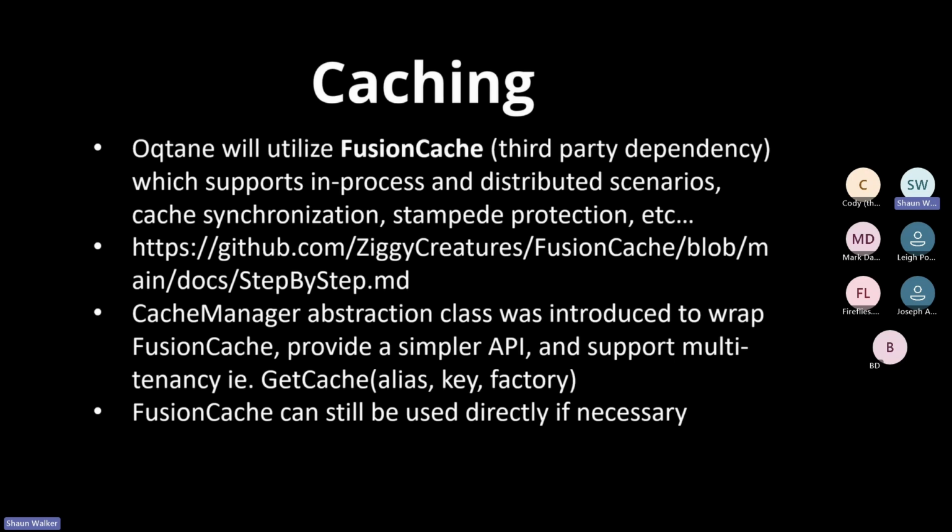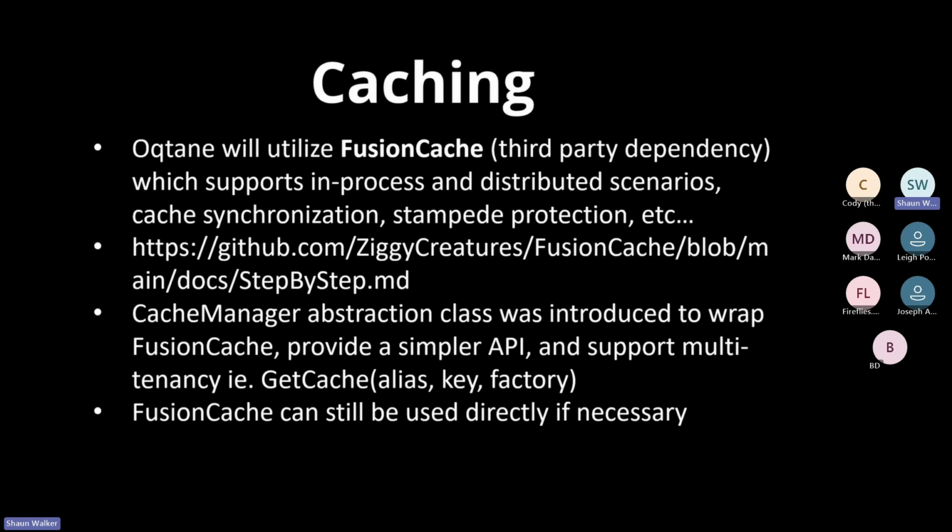So rather than take a direct dependency on Fusion Cache, I introduced a cache manager abstraction class as part of Oqtane, which essentially wraps Fusion Cache. The cache manager has a much simplified API.